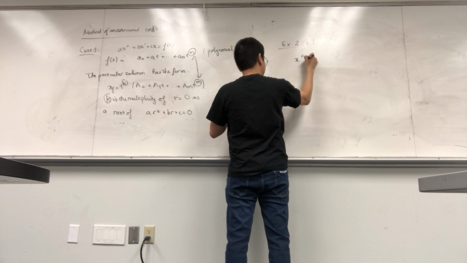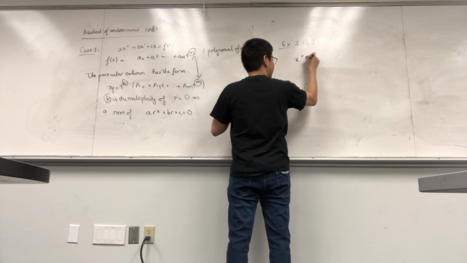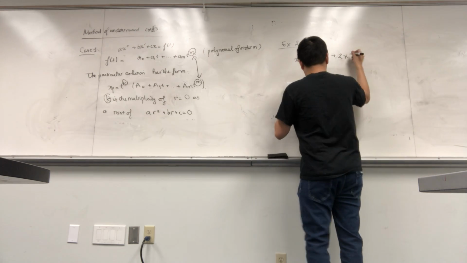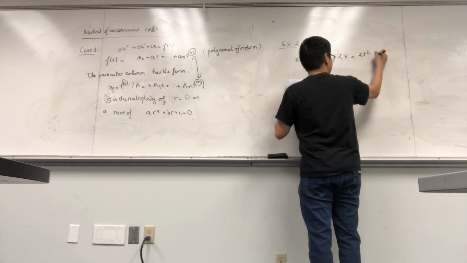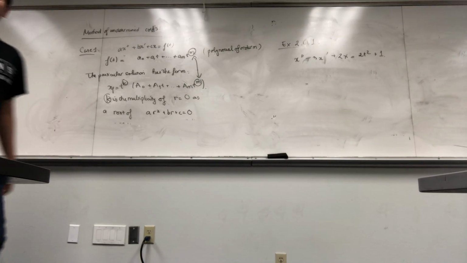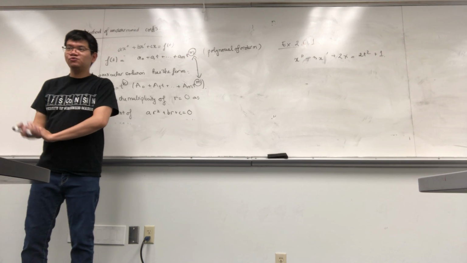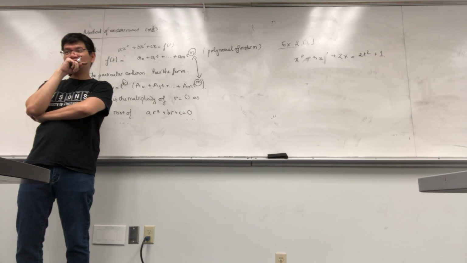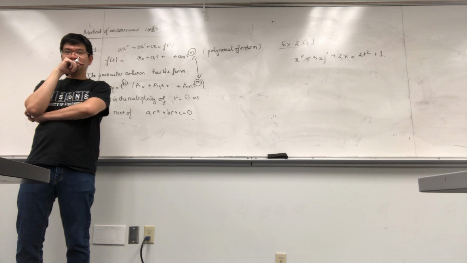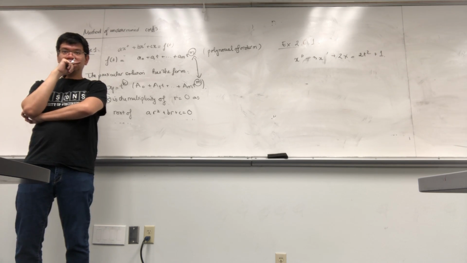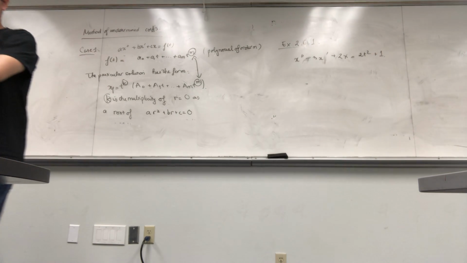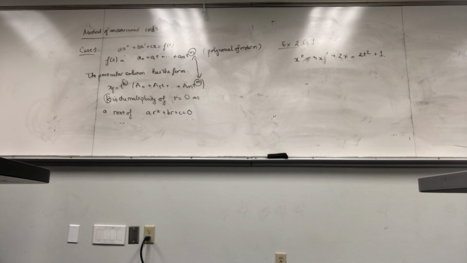You have x double prime minus 3x prime plus 2x is 2t squared plus 1. So to solve this equation, what should we do? What is the general strategy? First, we want to find a particular solution, and then use the characteristic method to solve the homogeneous equation.